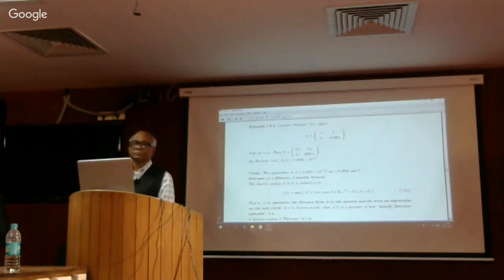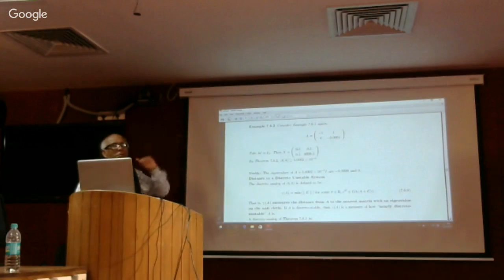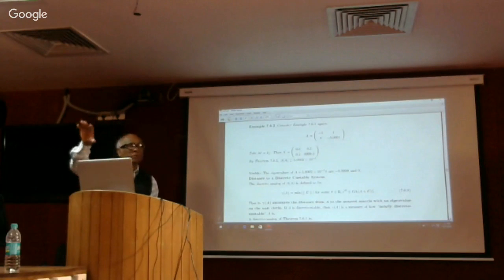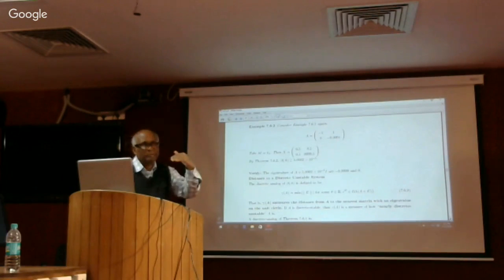So the question is whether the solution X of the Lyapunov matrix equation is unique. Yes, it is unique, because A is a stable matrix and M is positive definite. It's a unique positive definite matrix. What he is saying is you started your solution with an assumption that AB is I. I did not take A equal to I. The Lyapunov criterion says that your A is a stable matrix.